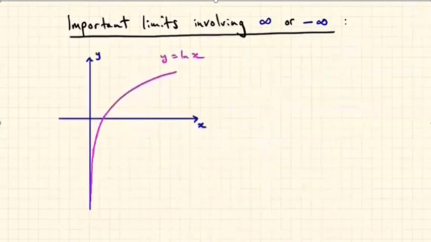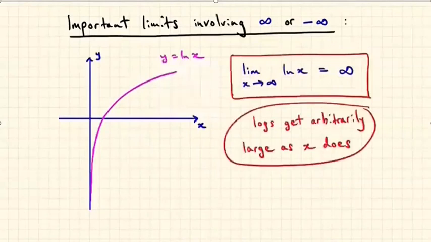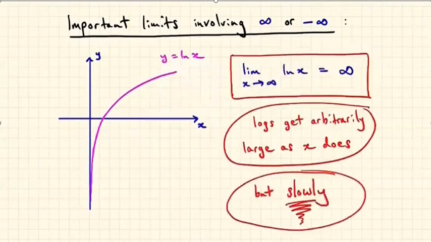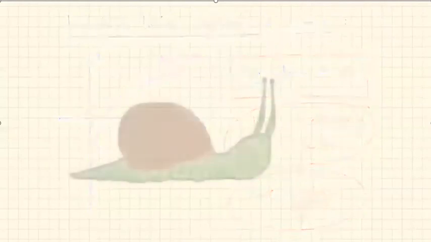As x gets large and positive, so does ln of x, but in fact, very slowly. This is called logarithmic growth, in stark contrast to exponential growth. Instead of a rapid explosion, the natural logarithm grows at a snail's pace. And even then, a very, very almost unimaginably slow snail.